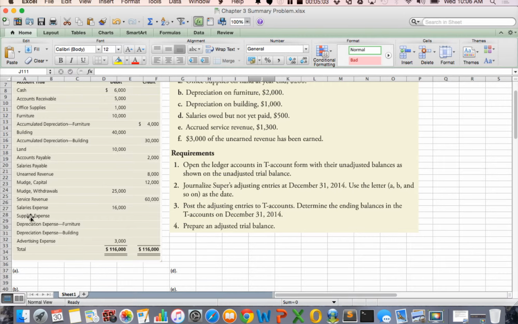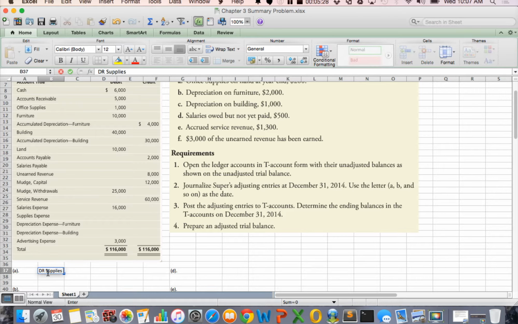And we see right here from the trial balance, remember, any journal entry that I do is only going to use these account names right here, okay? So these are the only things I have to choose from. And since I'm recognizing an expense, I look down here at the bottom because that's where all my expenses are listed, and I see a supplies expense line item, okay? So that's the one I'm going to use.